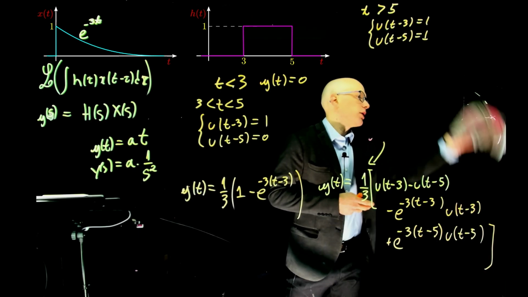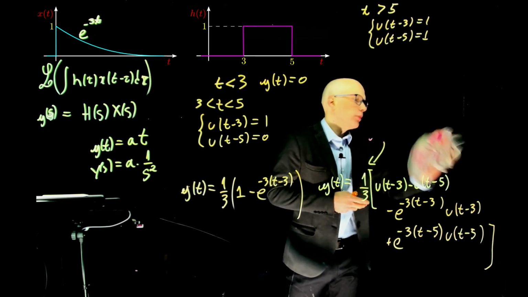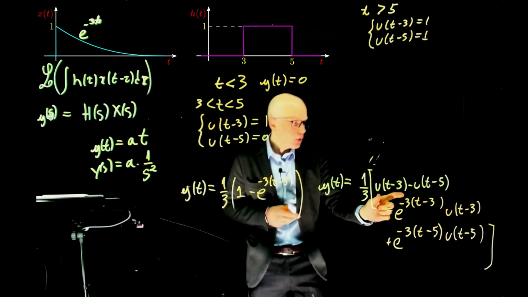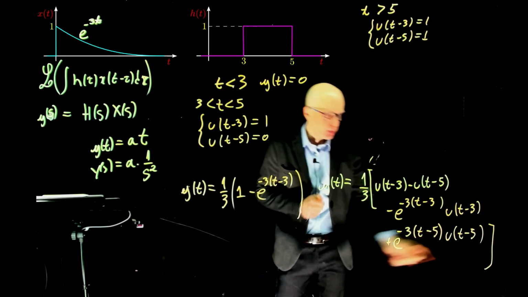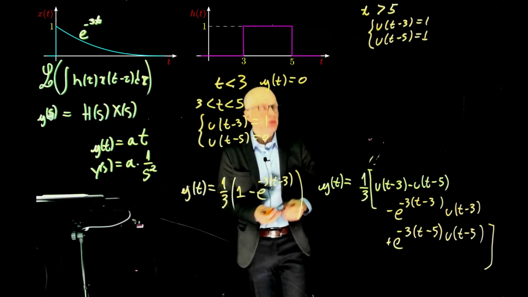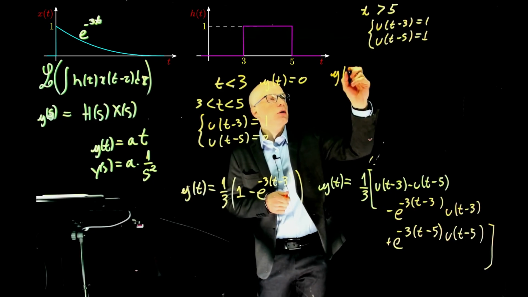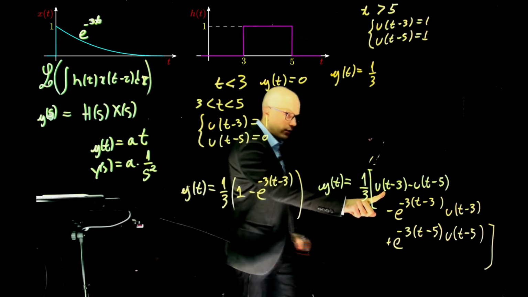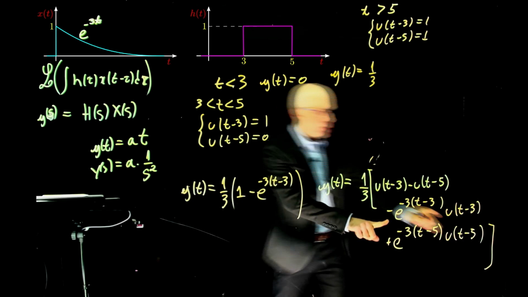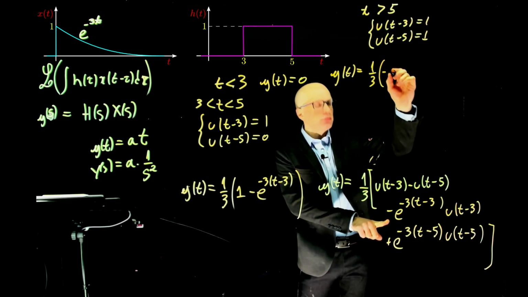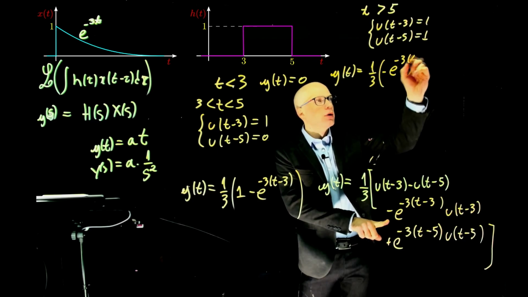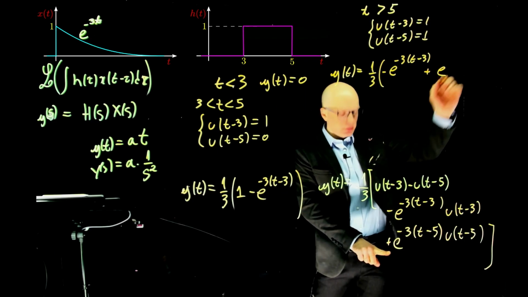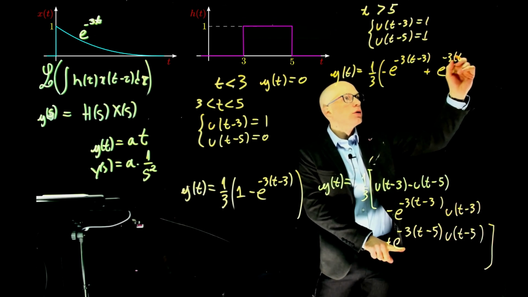So this is 1, this is 1, that's 1, that's 1. So here 1 minus 1 is 0. Y of t is, this is 0, so 1/3 of 0, minus, this is 1, so minus exponential of negative 3 times t minus 3, plus exponential of negative 3 times t minus 5.